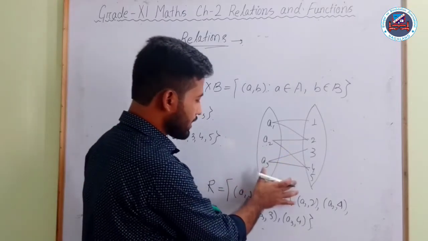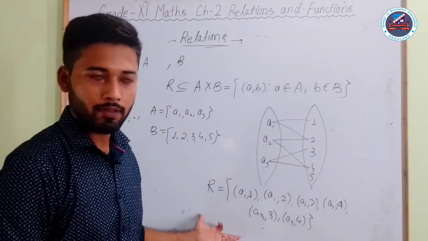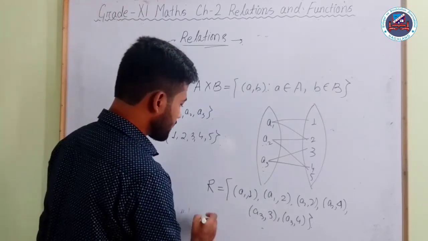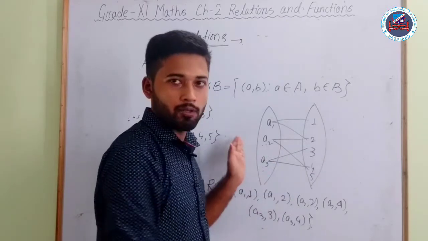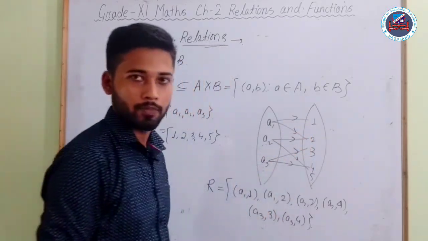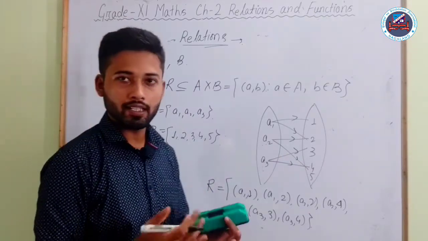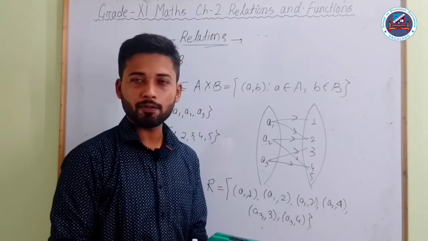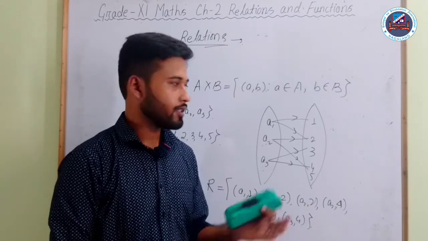I have written this relation in roster form. We can also write relations in set builder form, and this is called the arrow diagram. Generally, a relation can be represented in three ways: the first is roster form, the second is set builder form, and the third is the arrow diagram.